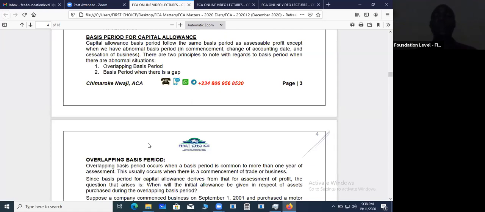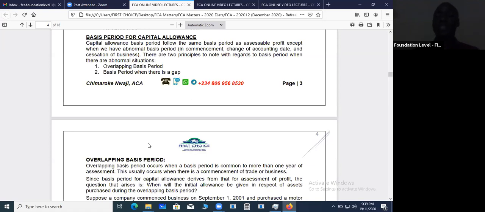So by matching concepts, the capital allowance basis period should match the same basis period with assessable profit. But there are two abnormalities that occur because we have abnormal basis periods for profits.